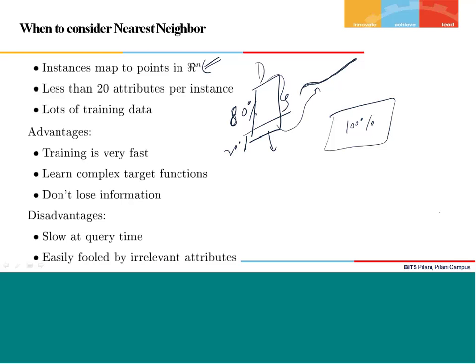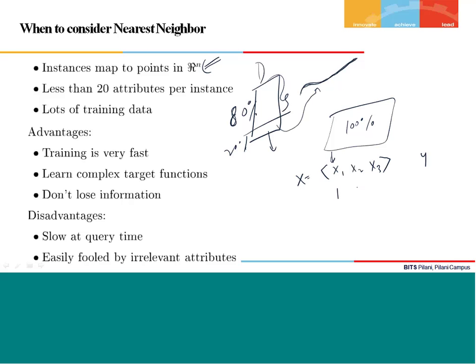For an example of what I'm saying, let's say this is X and it has 3 attributes, X1, X2, and X3, and only X1 is important to know the class label. For example, my Y label is this.